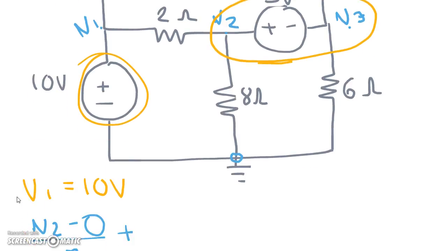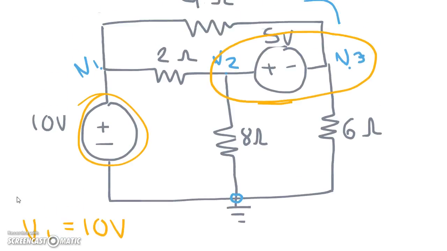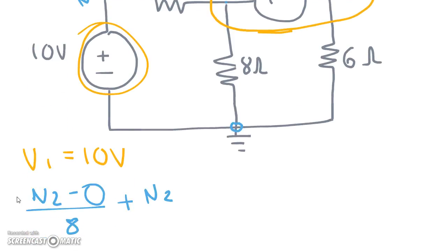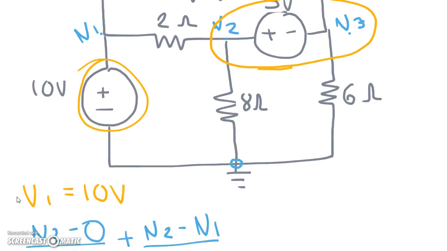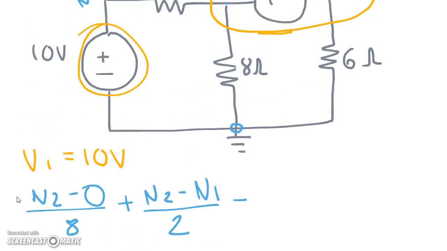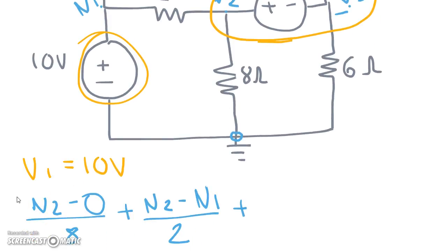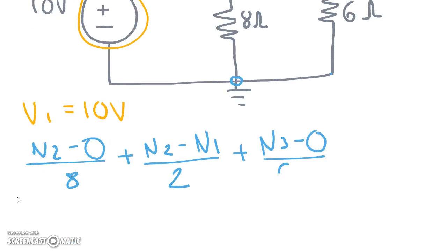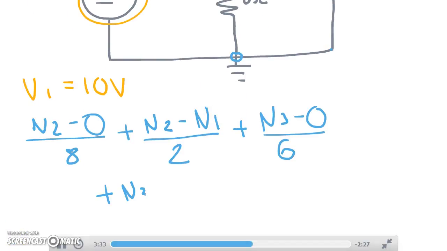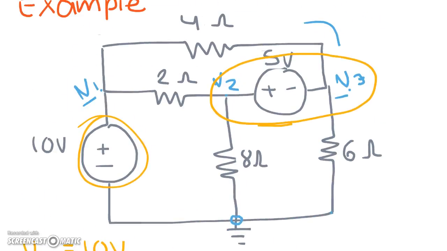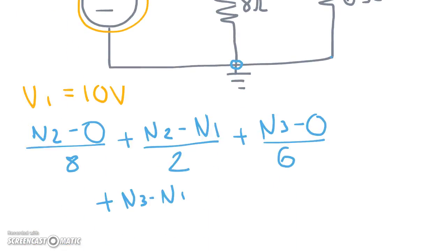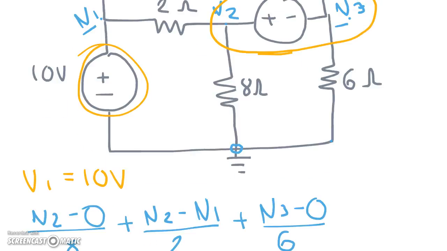So it will be N2 minus 0 divided by 8, plus N2 minus N1 divided by 2, plus N3 minus 0, because we're going to not a node, so it's 0, divided by 4, plus N3 minus this node, N1, divided by 4, equals 0, because there is nothing entering this node.